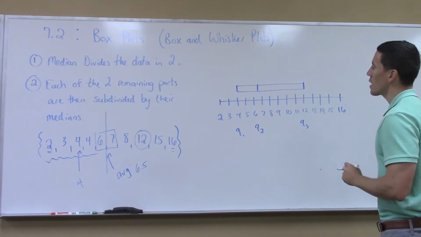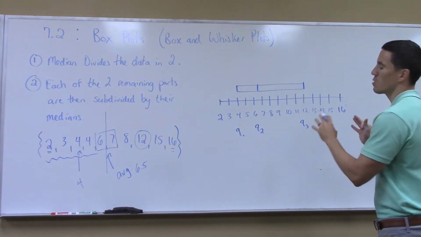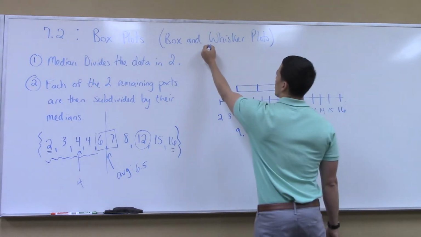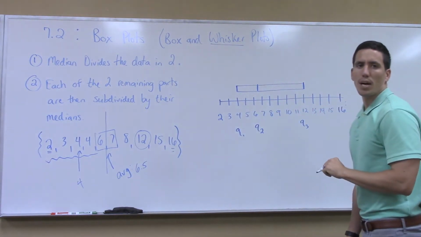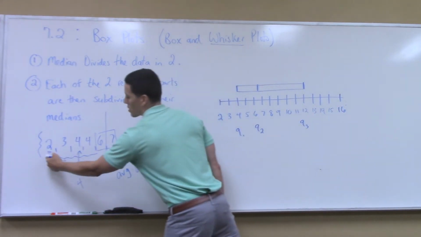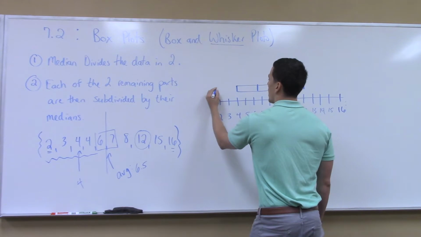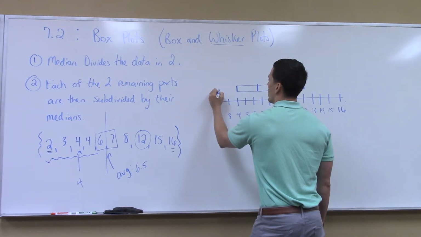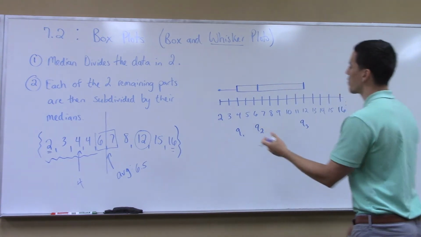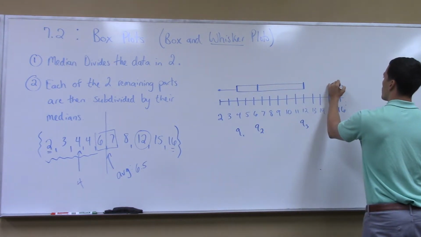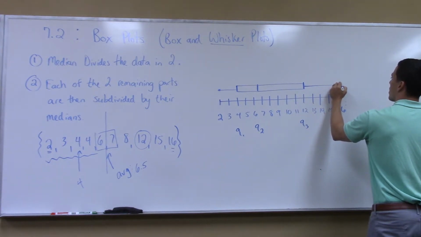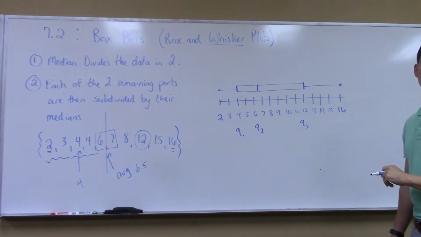The final thing I'm going to do to create this, before we analyze it and talk a little bit more, is the whisker part of the box and whisker plot. The whisker part is the easiest part because all I'm going to do is go to my lowest data point, 2, put a dot there and connect that dot to the box, and then repeat that for the highest data point, 16. And that is the box and whisker plot.